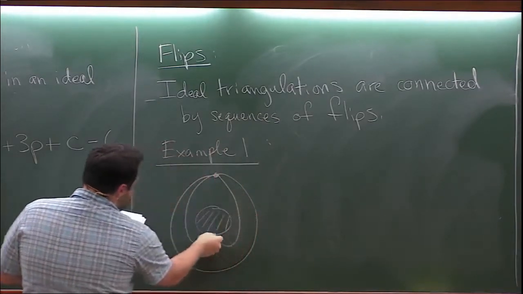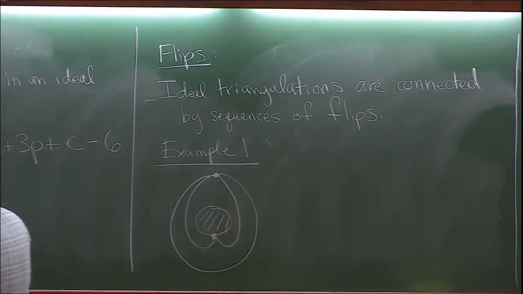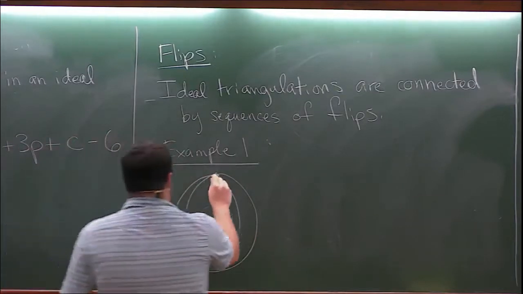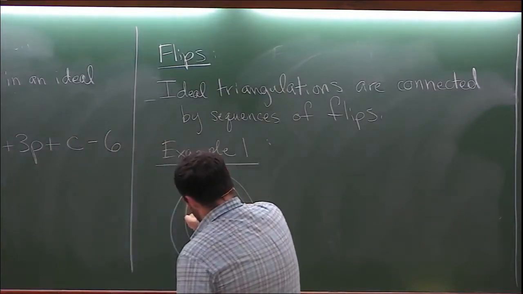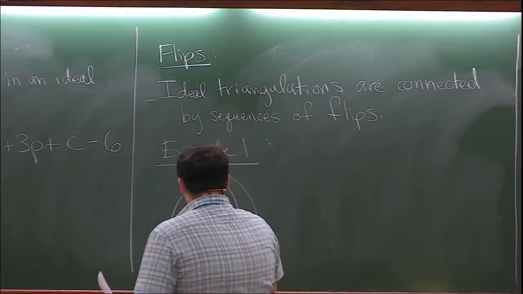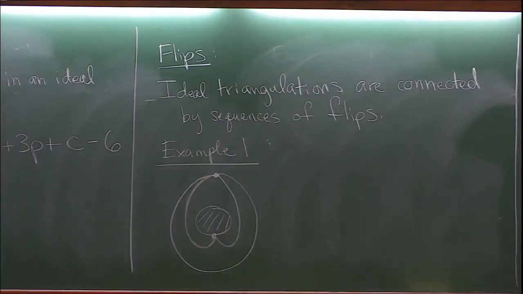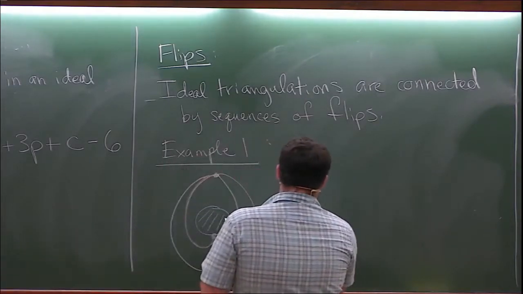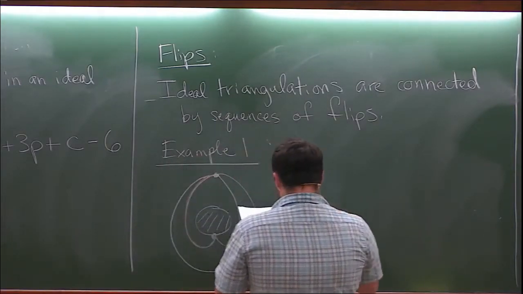I have these two arcs. And say I want to flip this one on the left. Okay. There should be a unique arc that I can replace this with so that I remain a triangulation. And here's what it is.